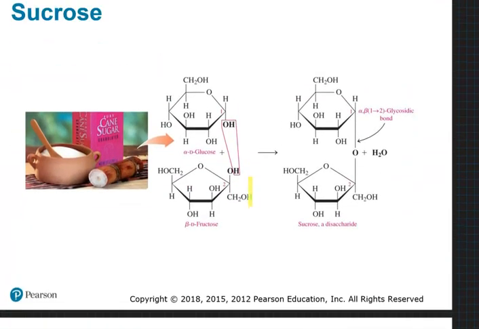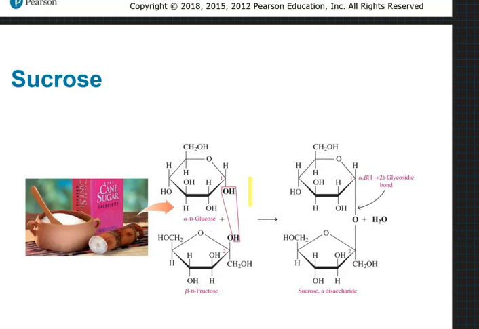Now, a little comment on sucrose. Hear me out. When you eat something sweet, something sweetened with sugar, sugar is converted in your mouth by your oral bacteria.